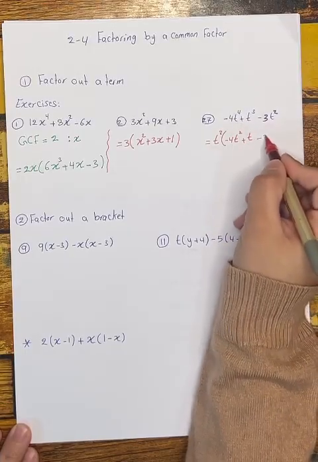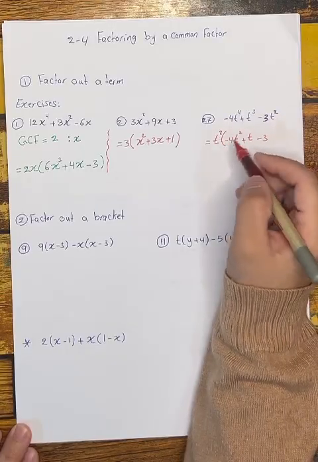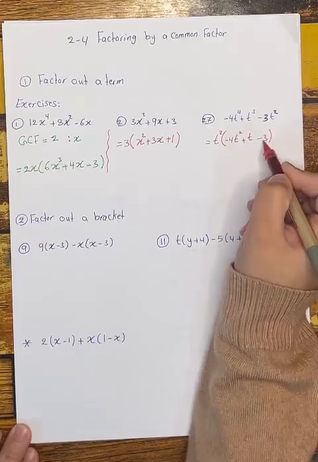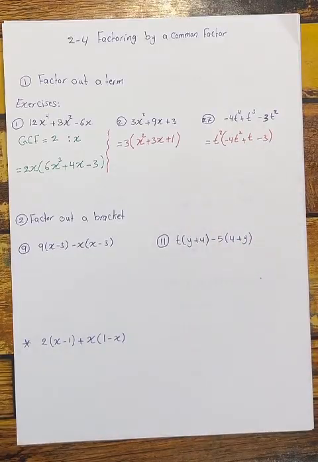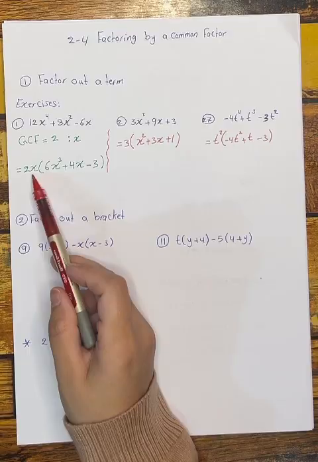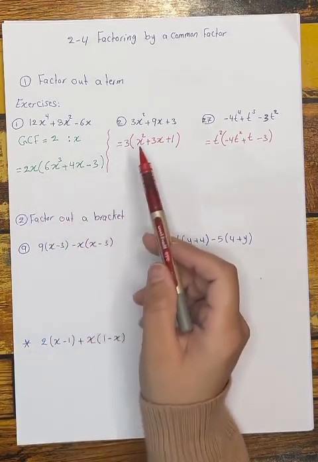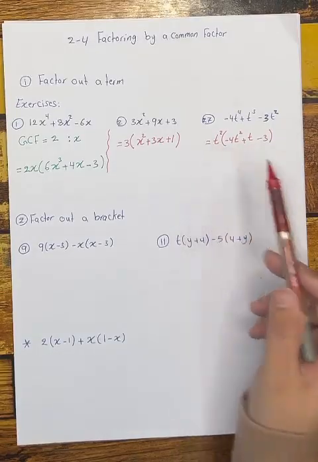Okay, negative 3 as it is, t^2 divided by t^2 will be 1, so 3 times 1 also is 3, so we need to close the bracket. A term that we factored out is a number and a variable, or just a variable.